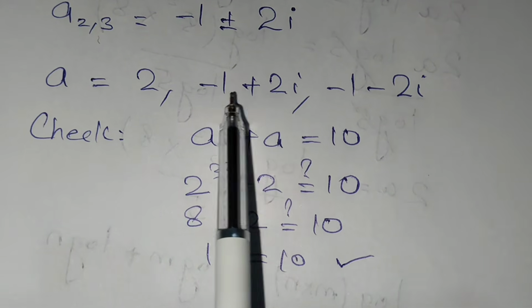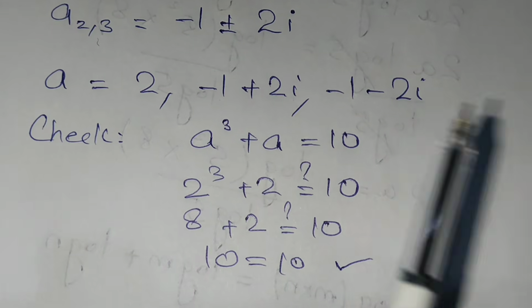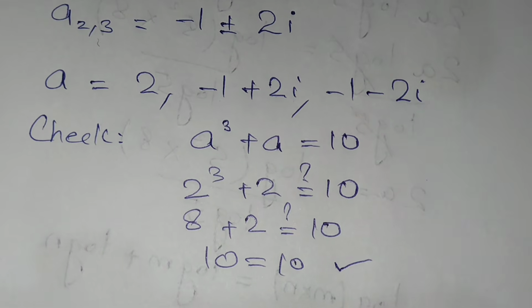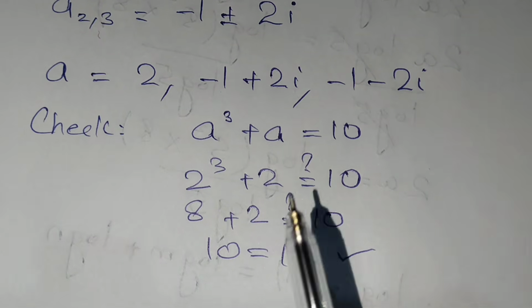We can also check for minus 1 plus 2 iota and minus 1 minus 2 iota. It will also verify that left hand side equal to right hand side.